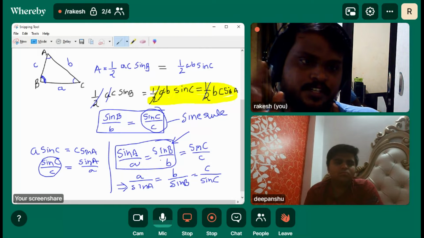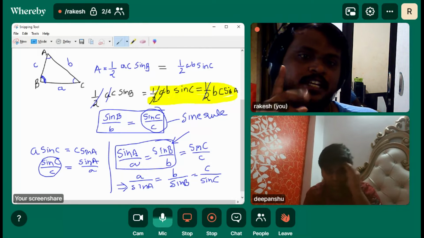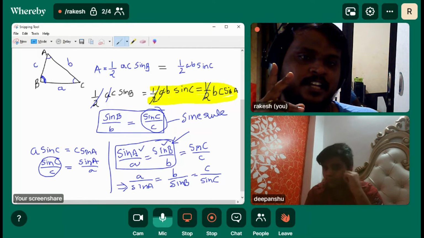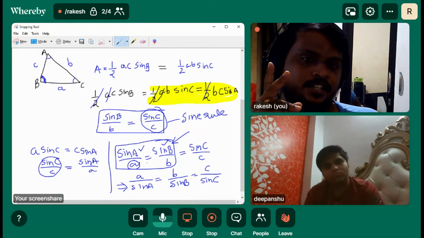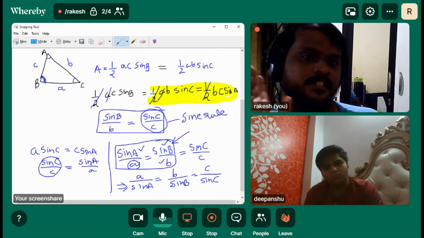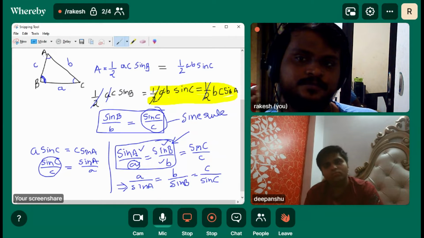If you are given angle A, angle B, and side A, you can find everything. That is the advantage of this.